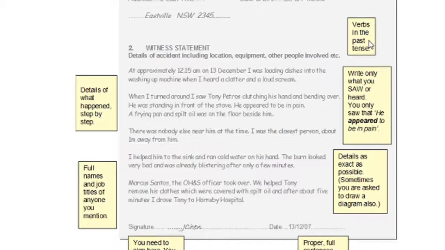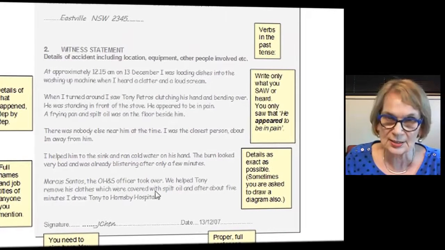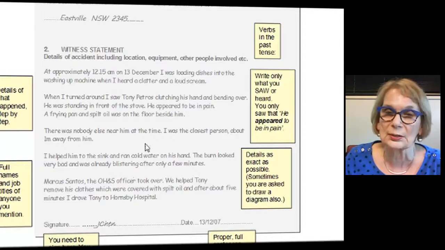We notice that we've got verbs in the past tense. So with this, you might say, all right, let's pick out all the verbs, and you write them on the board and notice that they're all in the past tense. They end in ed, or it's there was, nobody, I was, and so on. So you deconstruct the text and work out what the text features are.